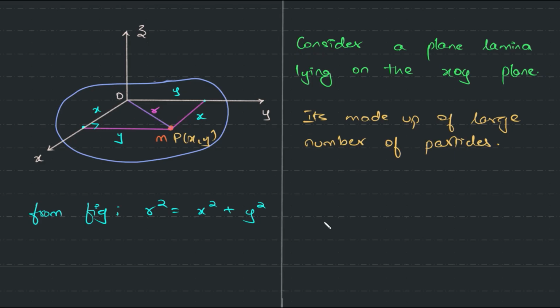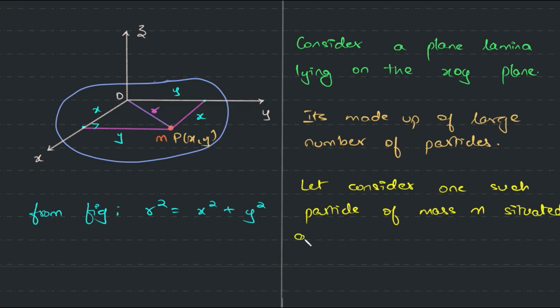Let's consider one such particle of mass m situated at P(x, y). From the figure, this is part of the derivation, r will be equal to root of x square plus y square.